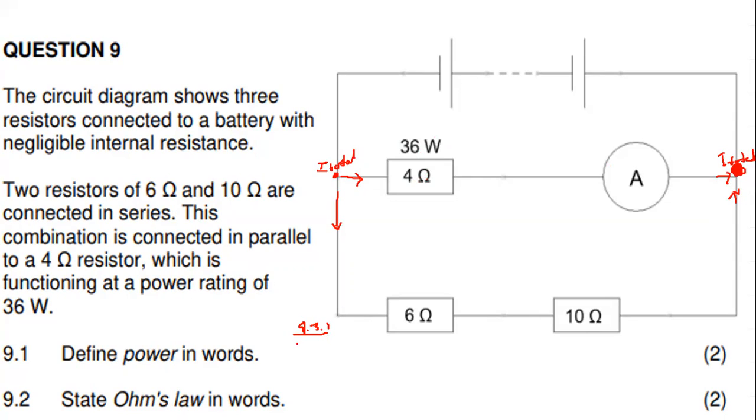So the formula that will be relevant for me is the formula that says power is equal to I squared multiplied by R. We talked about this. It's there in your formula sheet under electric circuits. So the power is 36 watts. So I will have 36 there for P. The current is what I'm looking for.